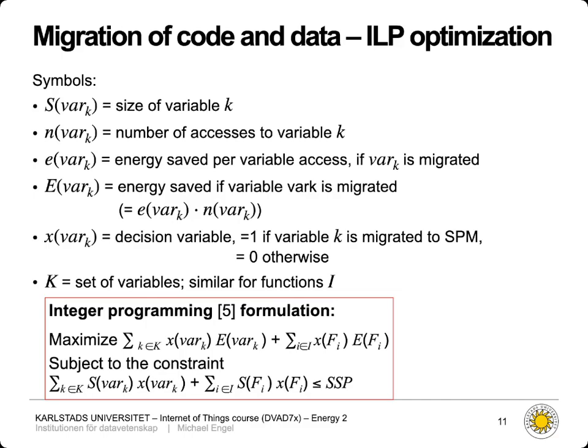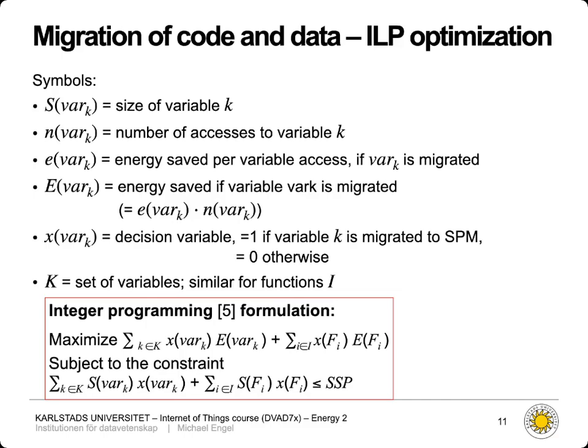This access and the energy we save with it is modeled by the next variable, e of var. We need to know about the energy difference: how much energy can we save per access to this variable if it is migrated into scratchpad memory. Then we can calculate the overall energy saved if a variable var k is migrated.